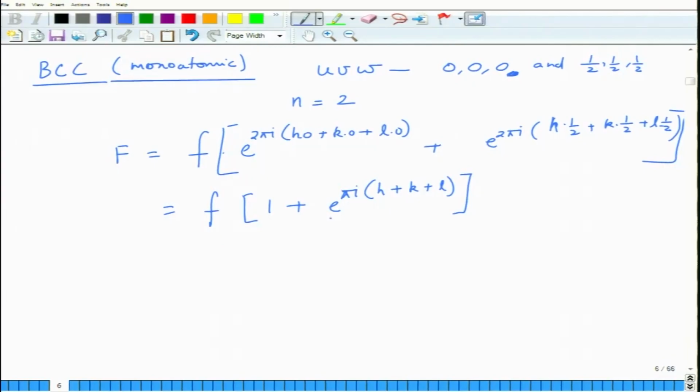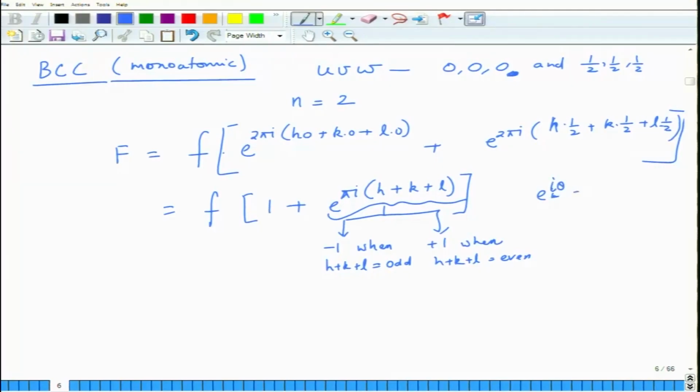You can see that this will become minus 1 when h plus k plus l is odd, and this will become plus 1 when h plus k plus l is even, because e to the power i theta is equal to cos theta plus i sin theta. So when this is odd, let us say just 1, this will become cos pi plus i sin pi. Sin pi is 0, cos pi is minus 1, so this will become minus 1. Similarly cos 3 pi, cos 5 pi, and so on. When it is even, it will be plus 1.